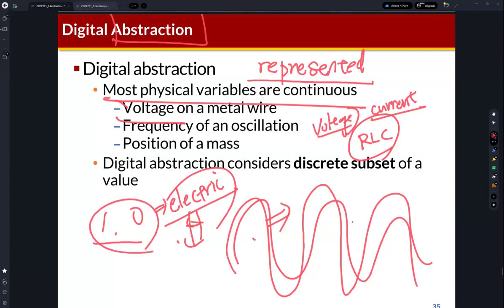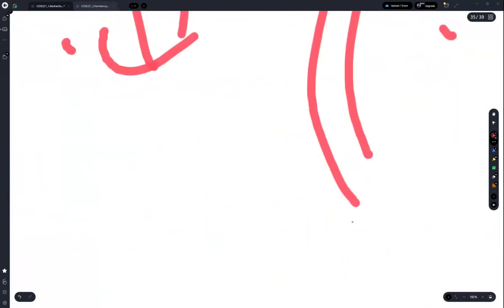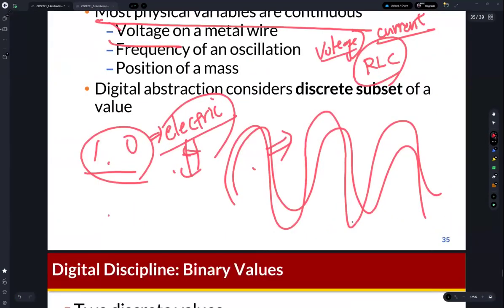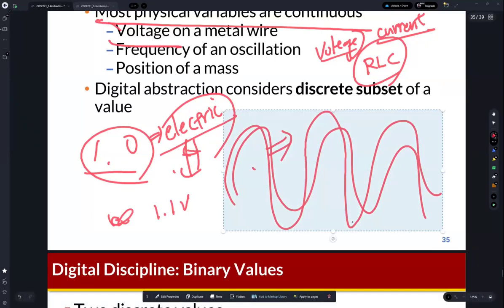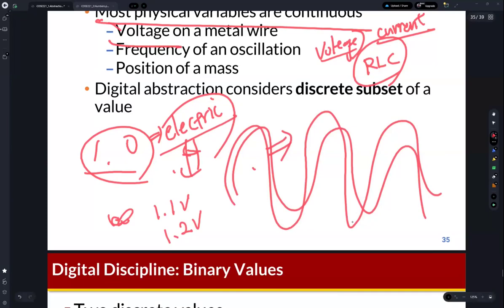But these values are analog, which means that our CPU works with a voltage level of 1.1 volt. Oh, it's my CPU, but your CPU works with 1.2 volt. That can be possible, right?